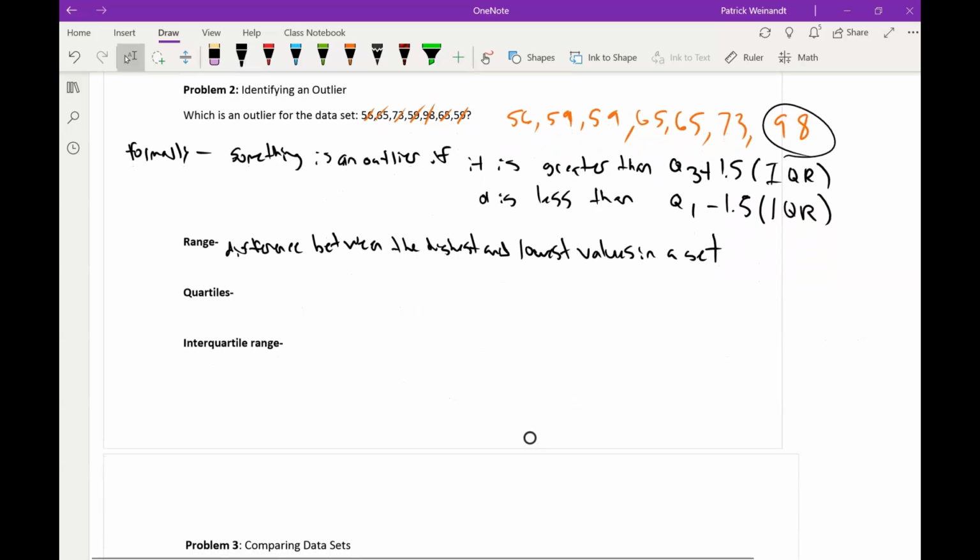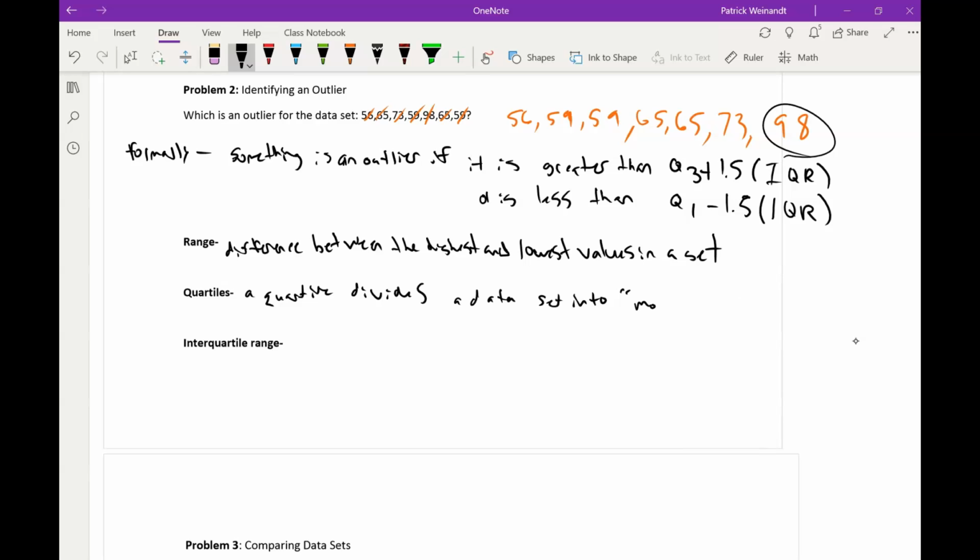So a quartile divides a data set into more or less 4 equal parts. Sometimes you're not going to have exactly the same amount of values in each quartile, but there's roughly 4 equal parts using median.